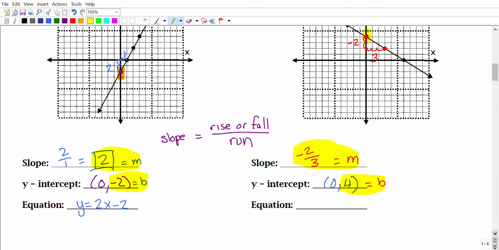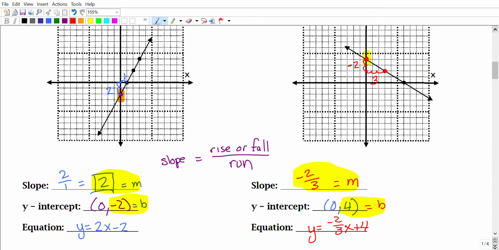I now have the information I need to write my equation. So I get y equals -2/3 x plus 4. And again, if you guys think back to before, notice our slopes.